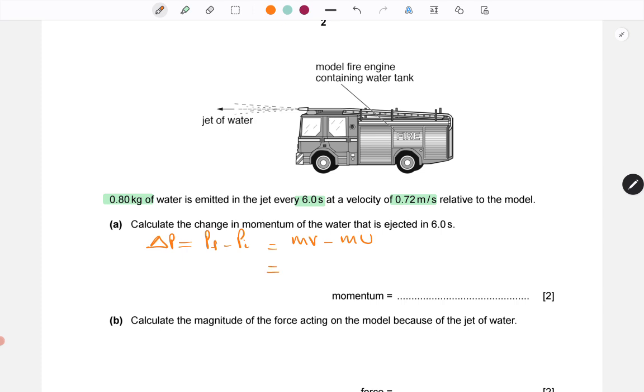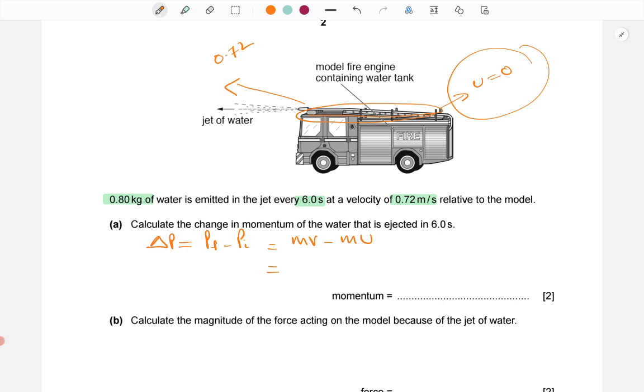Now what is the final velocity of the water and what is the initial velocity? Try to understand here: initially the water inside this was at rest, and finally when the water is ejecting from here, the velocity of the water is 0.72. So in the case of the water, the initial momentum was zero.